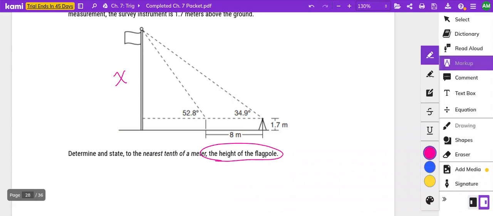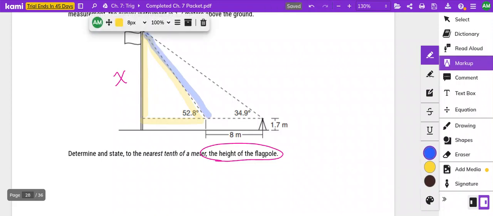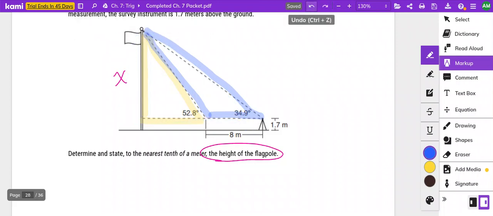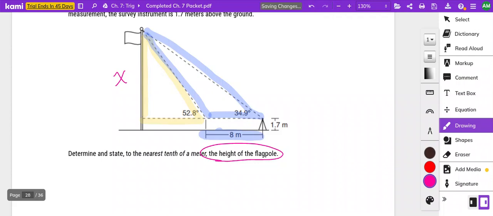Now, the two triangles that I'm talking about are, first of all, this right triangle. But the second one that we need to worry about is this triangle. The way that I know it's this one and not the bigger triangle is because I know a side of that triangle, and that's always what we're looking for: what side do you know?